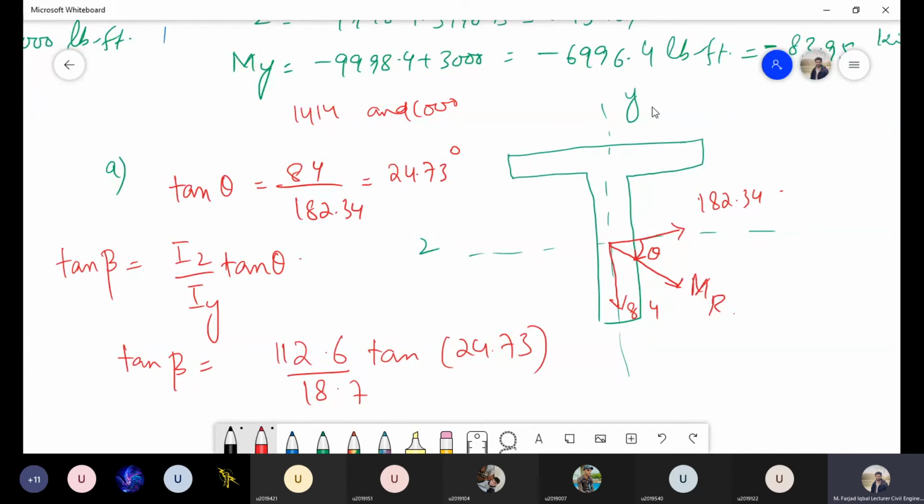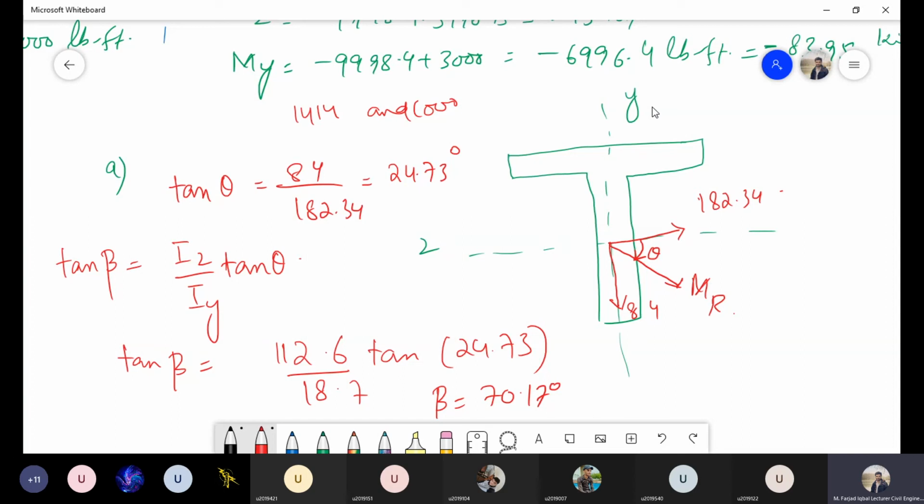So what is my angle beta? 70.17. So beta is 70.17 degrees. So this is my angle beta.